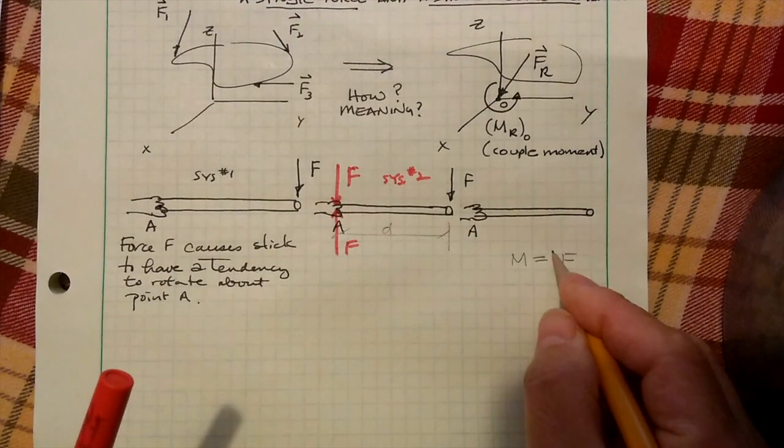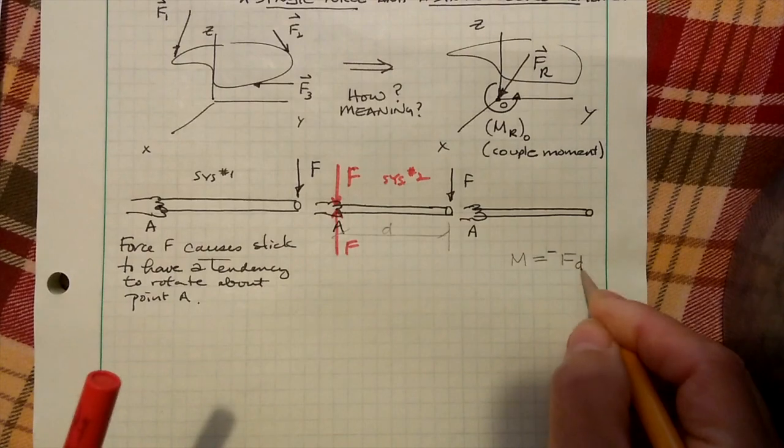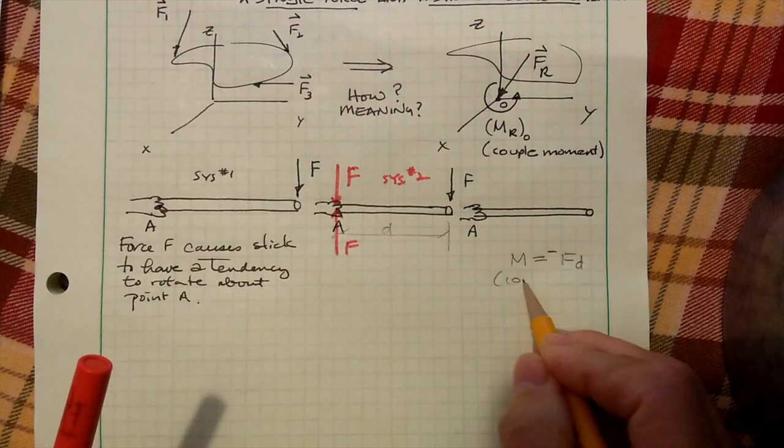Therefore, I would have a negative F times D. So this is the couple moment.